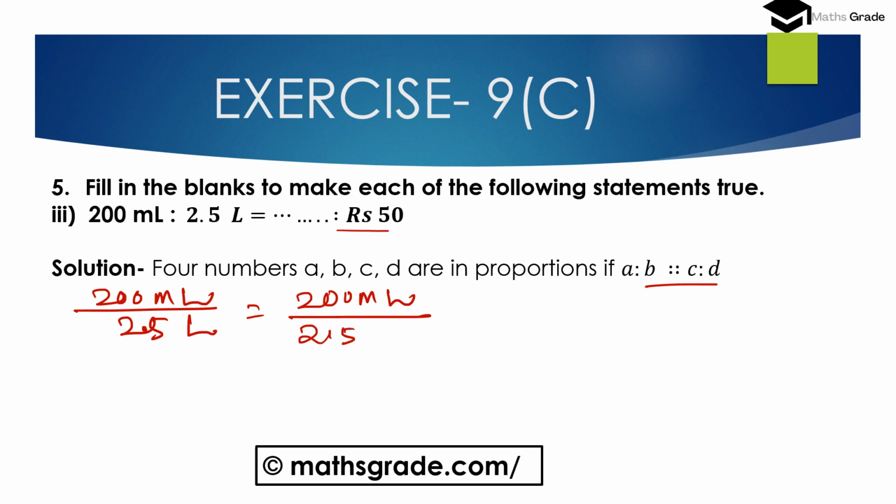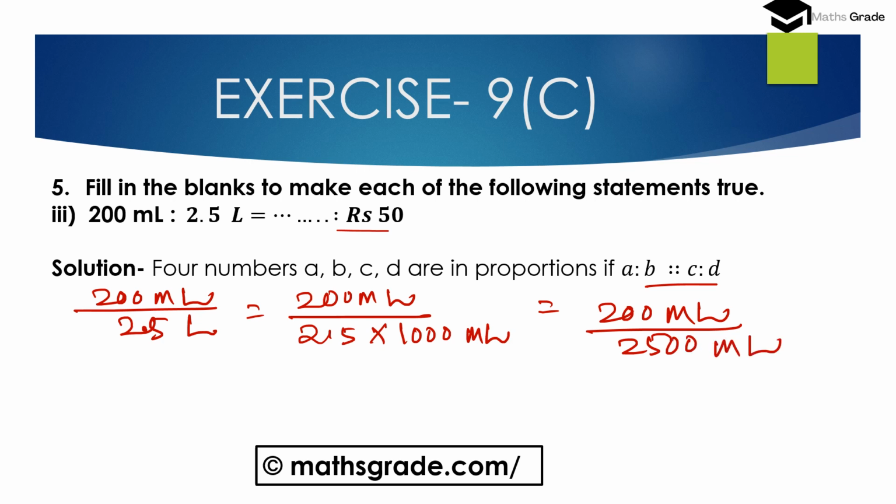So 2.5 multiplied with 1000 milliliter, that is 200 milliliter divided by 2.5 multiplied with 1000, which will be 2500 milliliter. Now cancelling zeros, 2 divided by 25.